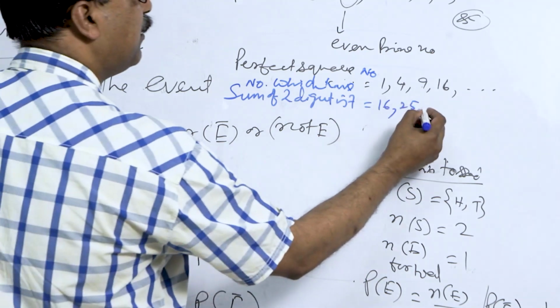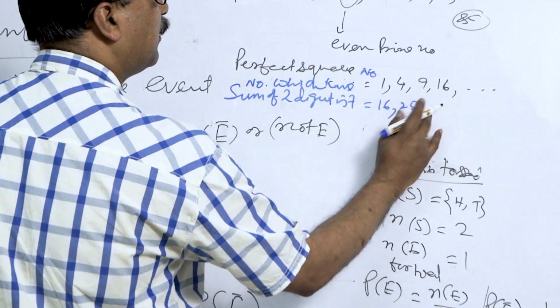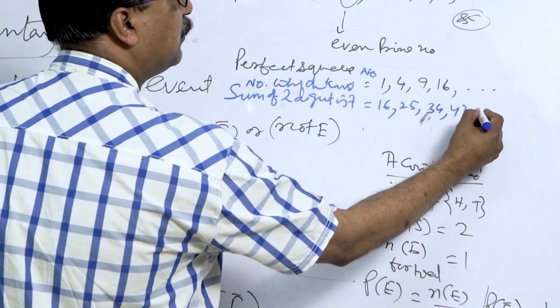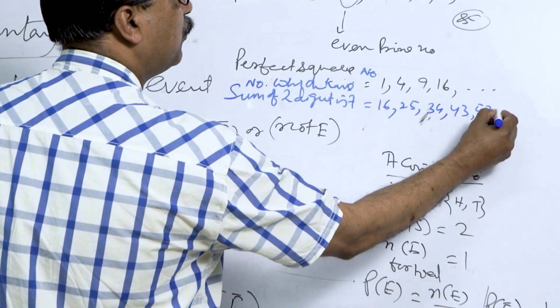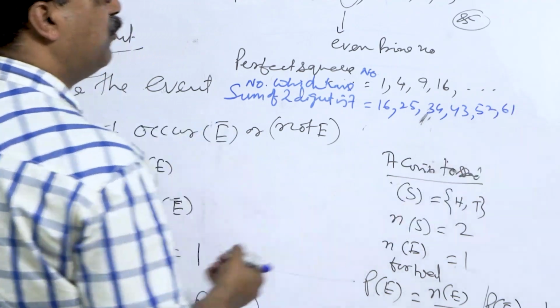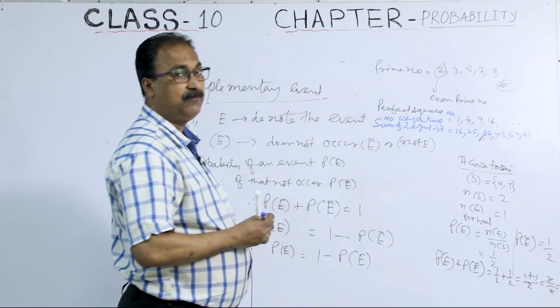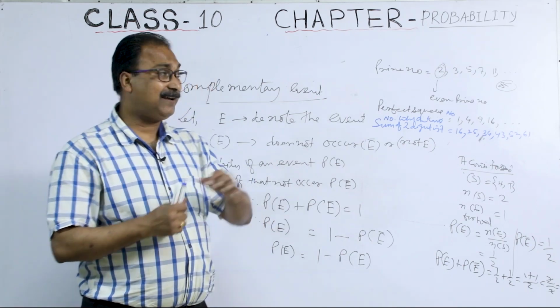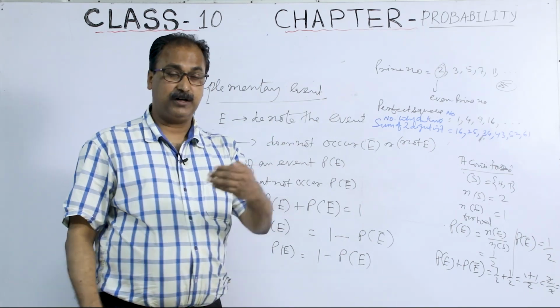So the numbers whose digit sum is 7 are 16, 25, 34, 43, 52, 61. We cannot get more than that. This is the way we can find such numbers whose digit sum is 7. You have to know this idea before you start the problem.